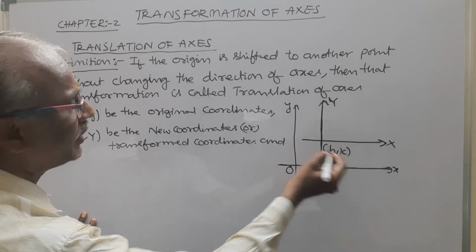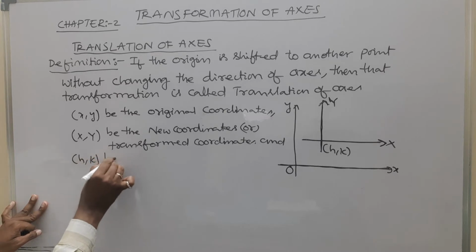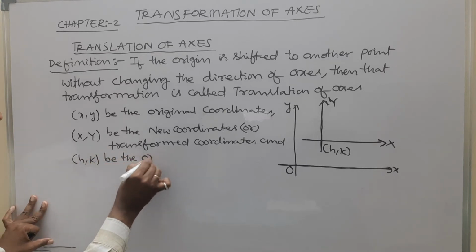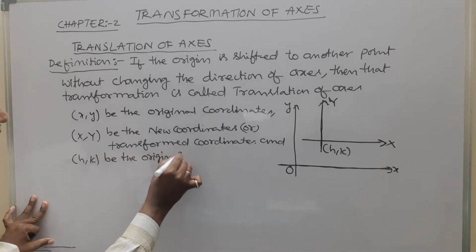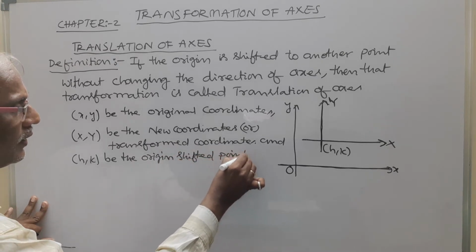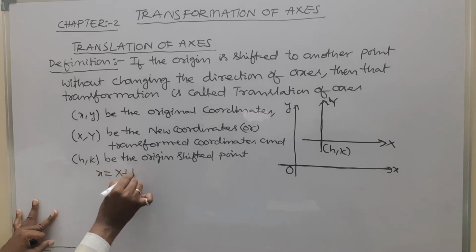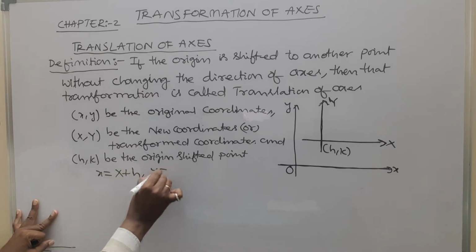This is the origin shifted point, and (h, k) is the origin shifted point. Here one relation: small x is equal to capital X plus h, small y is equal to capital Y plus k.